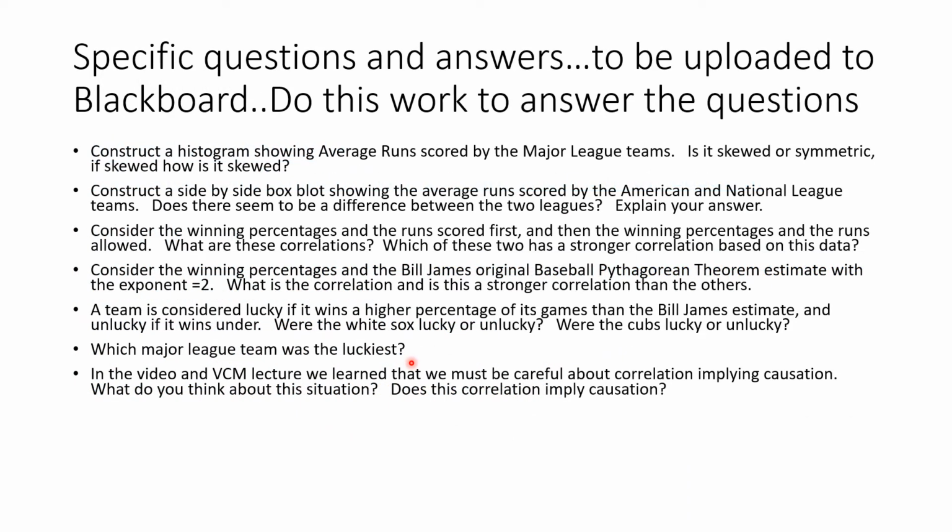So here are some specific questions I'm asking you. You should work on these and find some answers, and then you'll go to Blackboard and upload this work and the answers. Do this work first to answer the questions. I ask you to construct a histogram showing average runs scored by the major league teams.